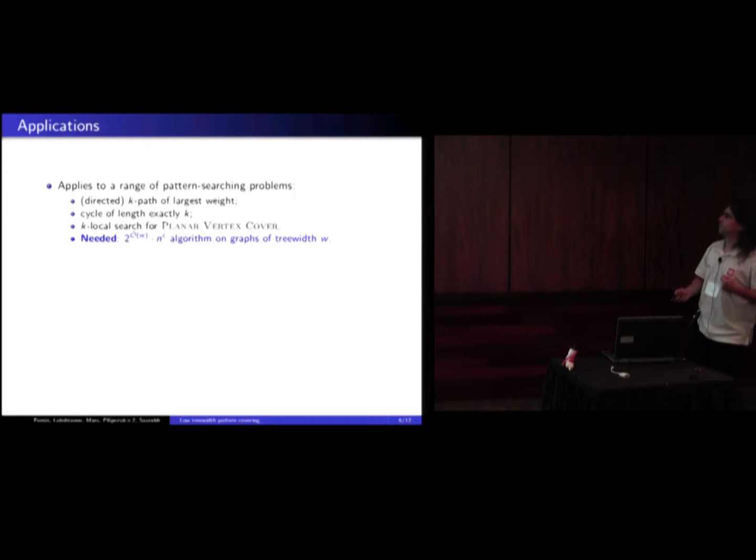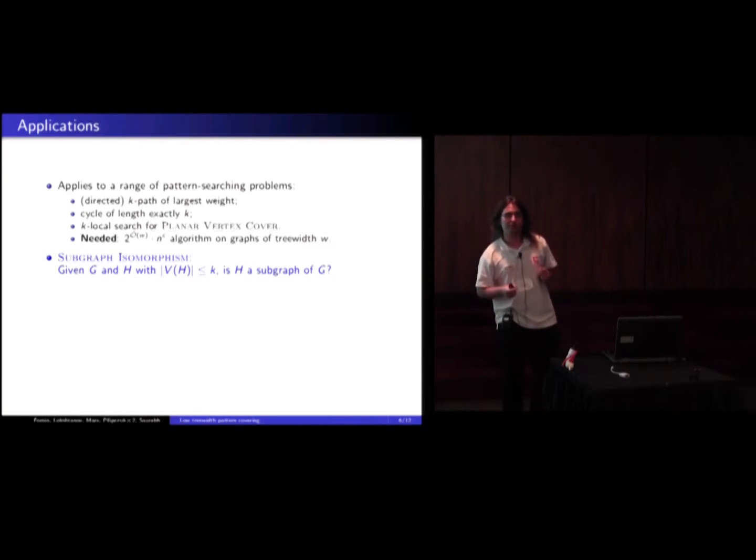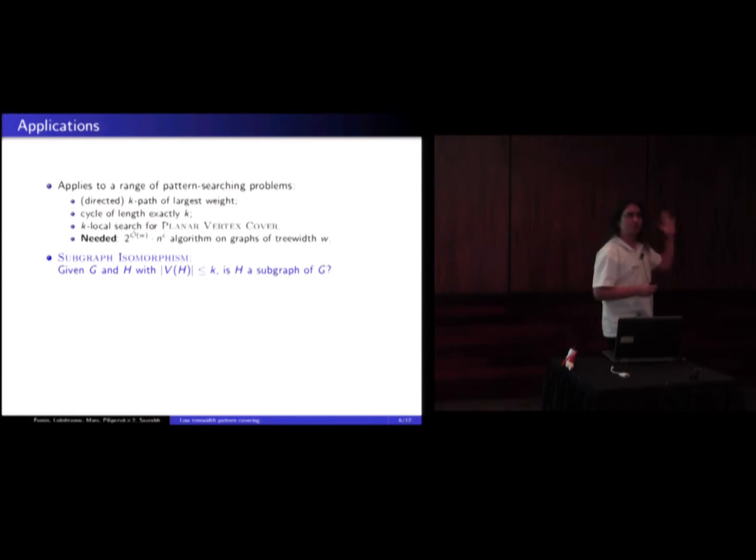Yes? So basically what you need for this machinery to work is an efficient algorithm that solves the problem on bounded treewidth graphs. So let's try to be a little bit more ambitious and look at a more general problem of subgraph isomorphism. I'm given a large host graph G, which is planar, and a small pattern graph H of size at most k.